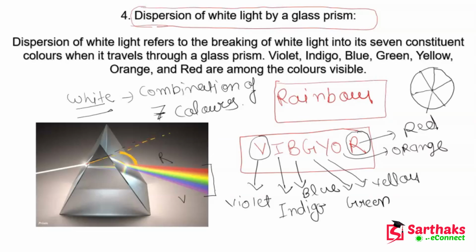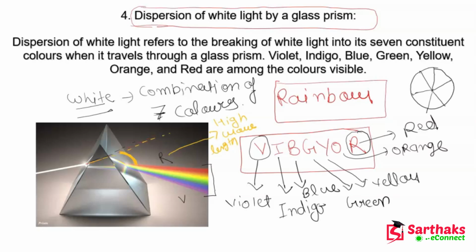Although it is not necessary to understand the reason, I am telling you that red has a very high wavelength. That's why it is showing less bending.